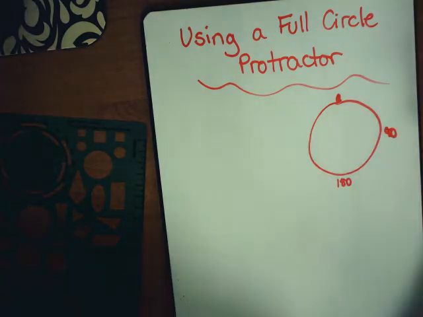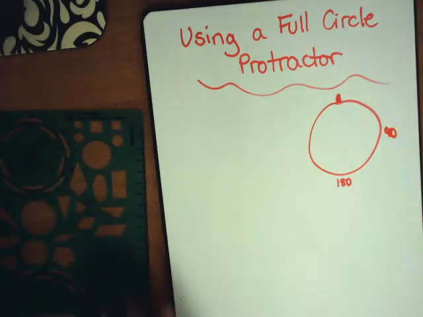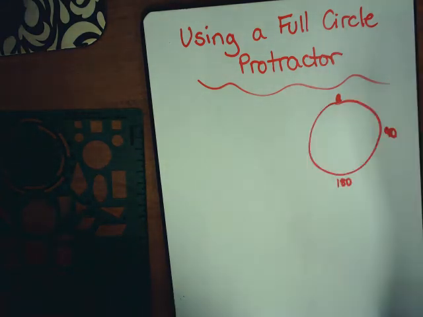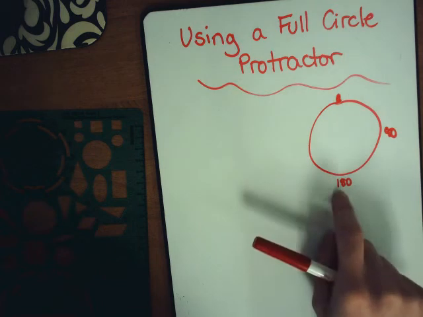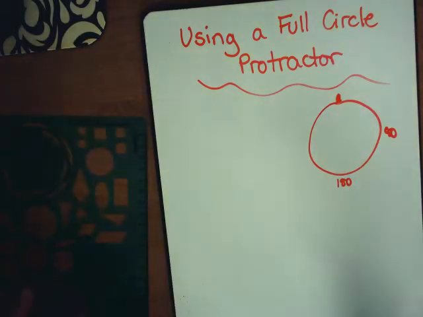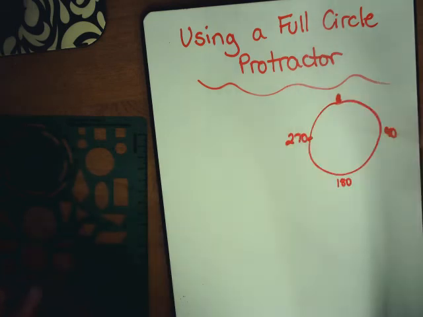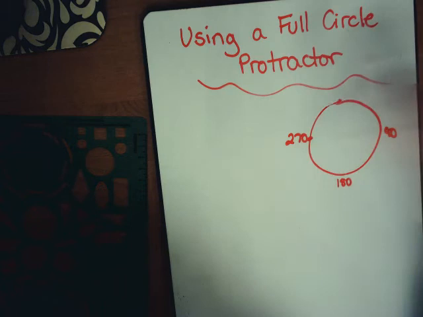If you remember, each one of our marks is 30 degrees. So you have 30, 60, 90, 180. So 270 is what you're saying would be over here. Okay, so I'll make this look like an actual 0 right now.